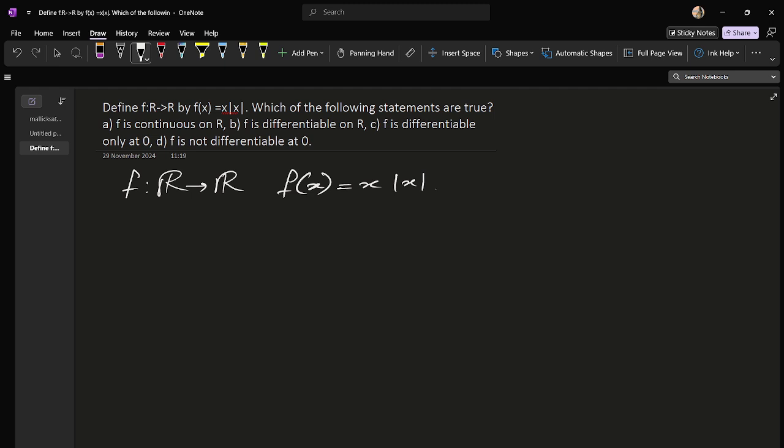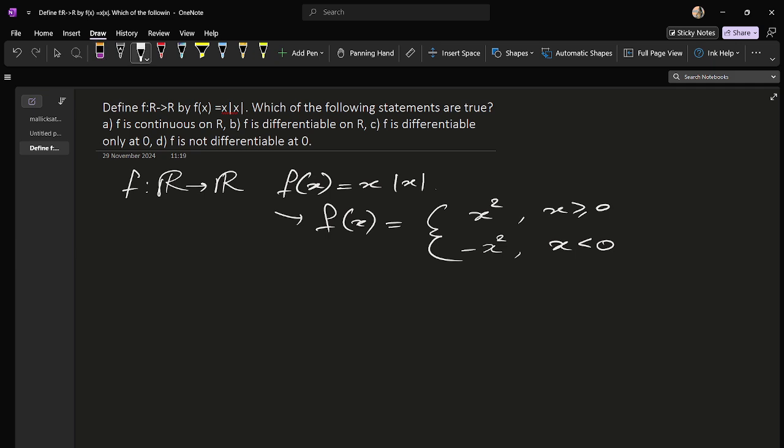Then we can rewrite this function as f(x) = x square when x is greater than or equal to 0, and minus x square when x is less than 0.